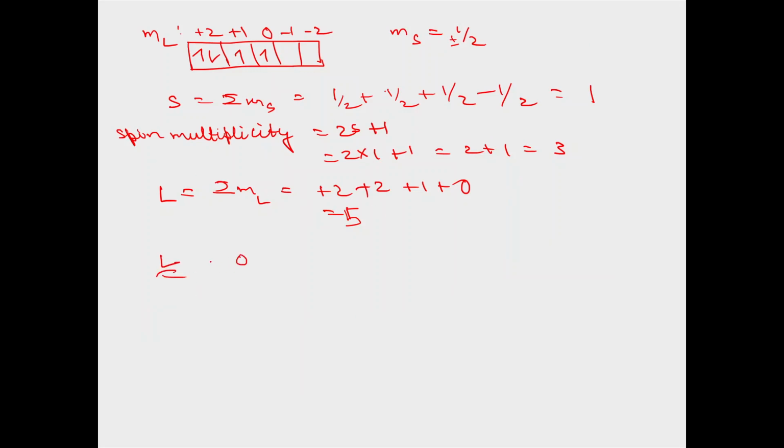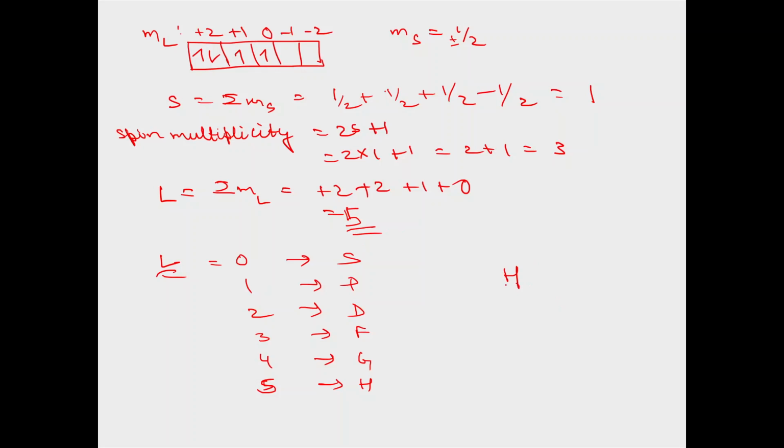for L equal to 0, it is S, 1 is P, 2 is D, 3 is F, 4 is G, 5 is H. So here in this case, we can see that the L value, the orbital number, is 5.